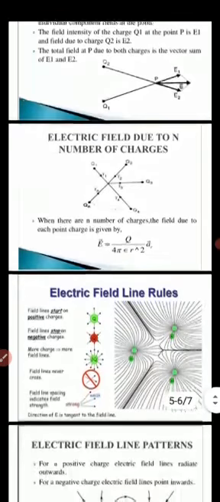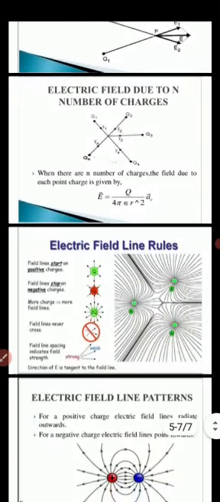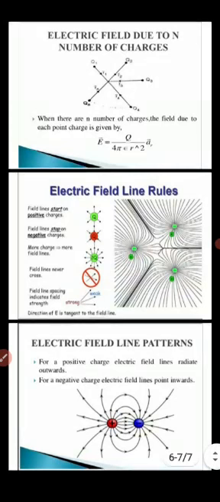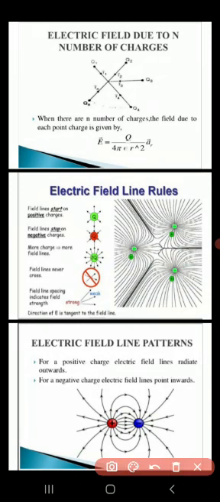Now, our next topic is electric field lines. Electric field lines are imaginary lines, and they deal with the existence of electric field due to a charge. First point: field lines start on positive charge.